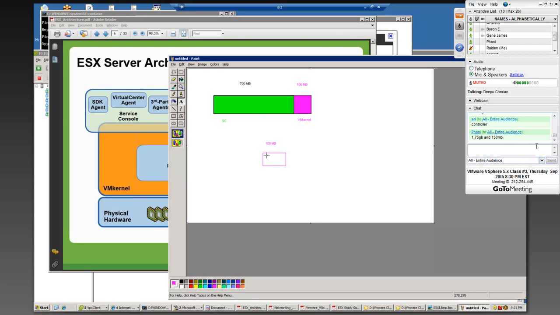ESXi does not have this service console. So by getting rid of this service console, VMware was able to make their binary that small 150 MB now, instead of a 1 GB size. They were able to reduce that to a small footprint, which is a big win for them.